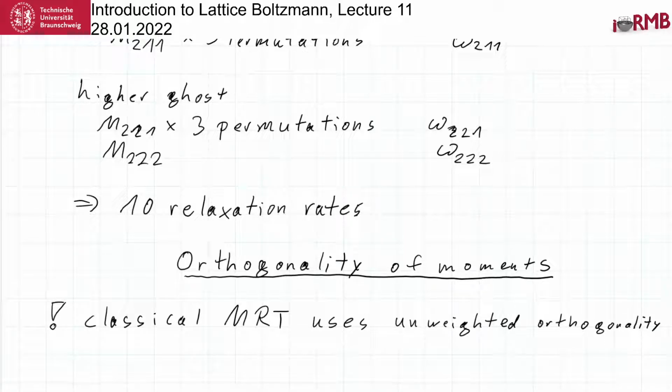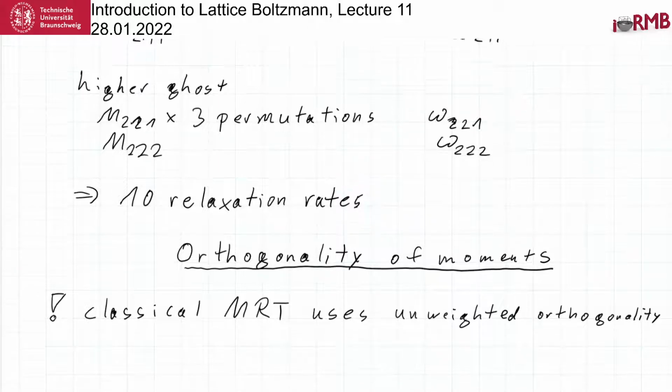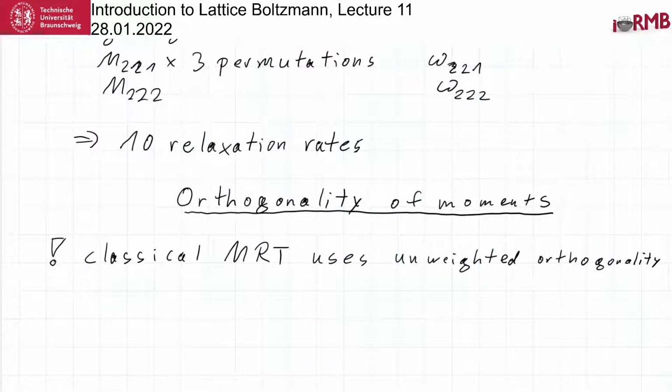They don't call it unweighted orthogonality, but this is what it basically is. So as a reminder, what is unweighted orthogonality? If we have a moment m phi, then this would be the sum over ijk, for the specific lattice, over the phi ijk times this fijk.